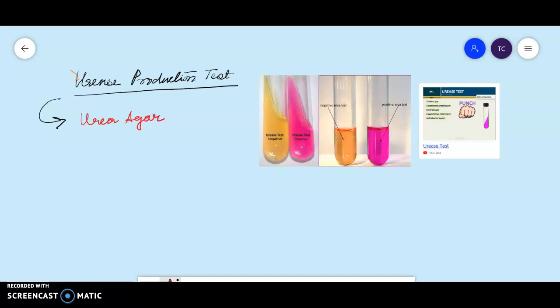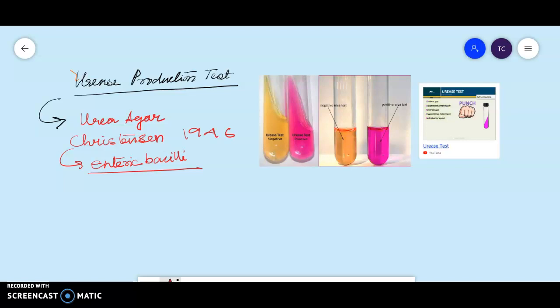And this urea agar was developed by Christensen in 1946 for the differentiation of your enteric bacilli.